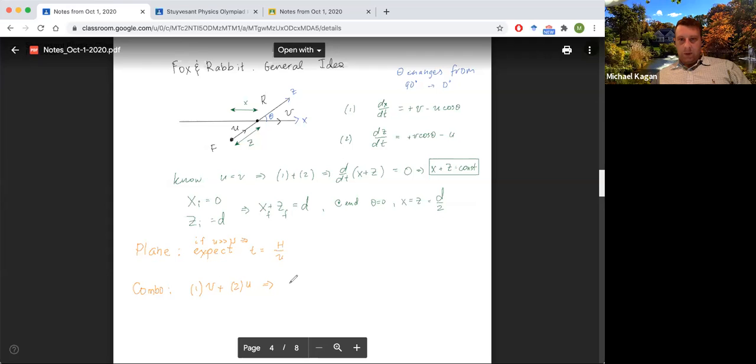On the left-hand side, it gives us v dx/dt plus u dz/dt equals v squared minus u squared. You agree?